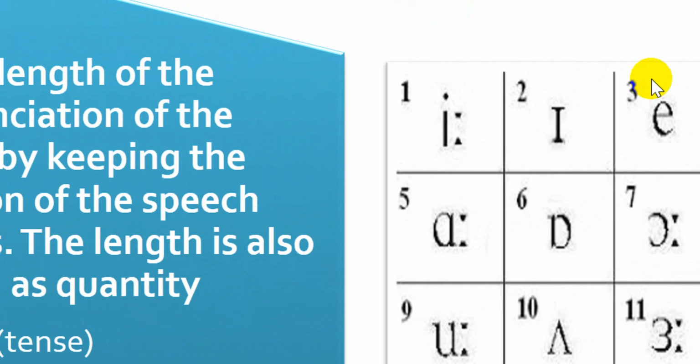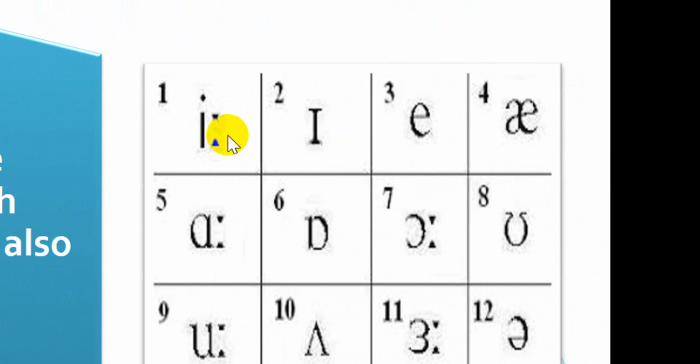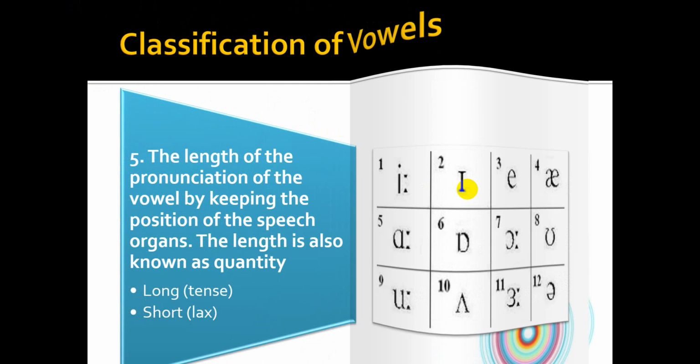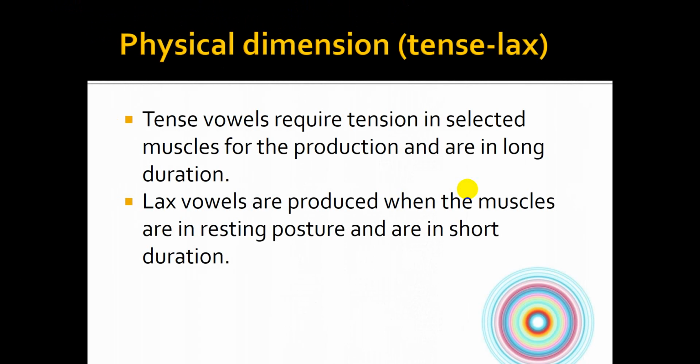If you want to produce the long sound, the jaw must be tense. But if you want to produce the short sound, the jaw must be lax. Once again, tense vowels require tension in selected muscles for the production.